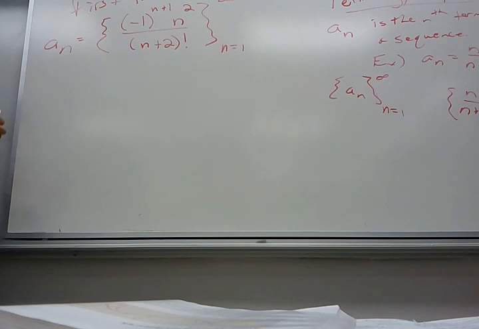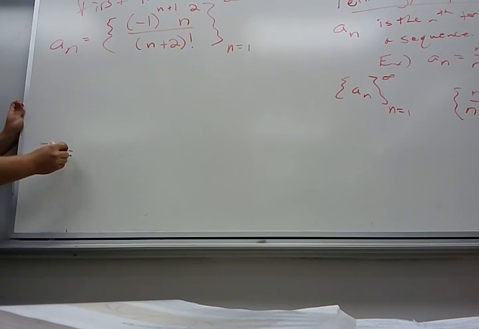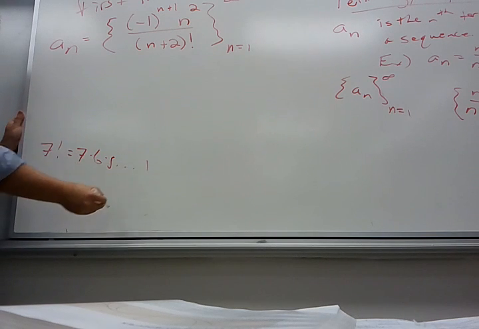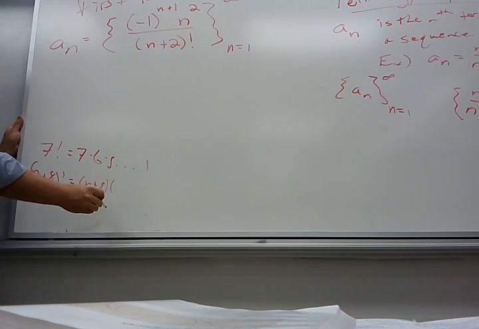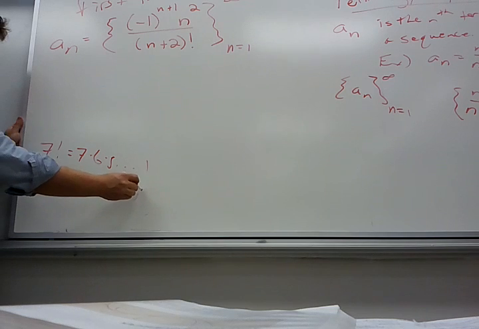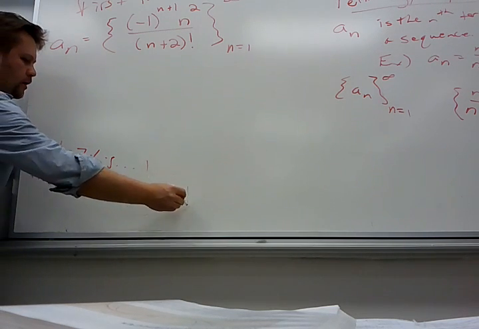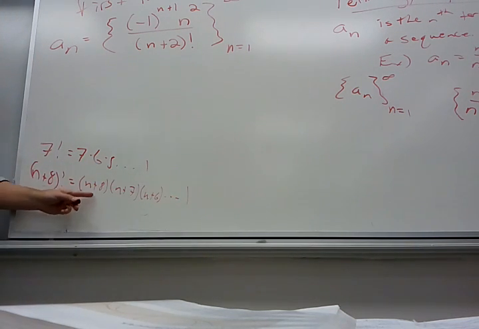So just to remind you, what would 7 factorial be? 7 times 6 times 5, and so on, all the way down to 1, right? So what's n plus 8 factorial? n plus 8 times n plus 7 times n plus 6, all the way to 1. How many terms are there here? It depends on what n is, right?